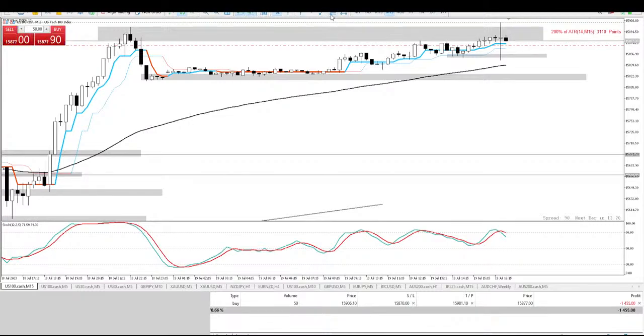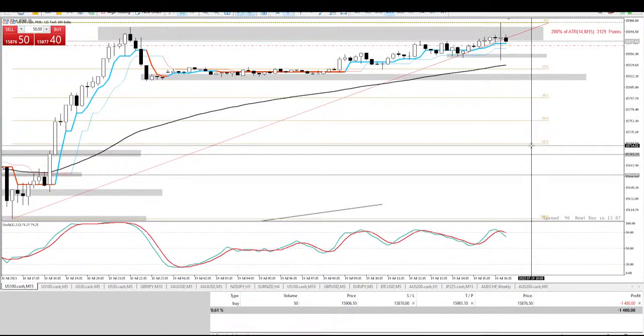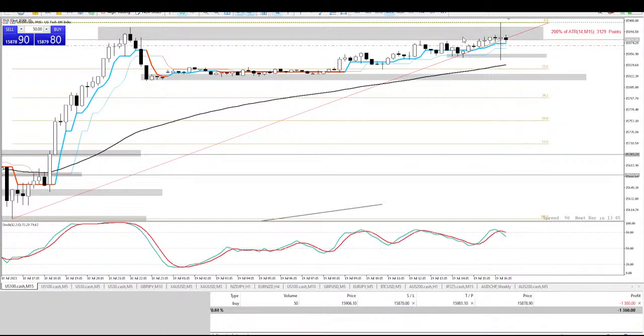And if I just put a Fibonacci level here, yeah, we could be going all the way down to the 61.8.